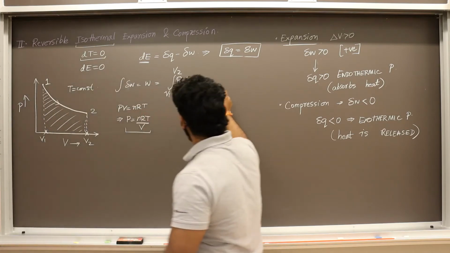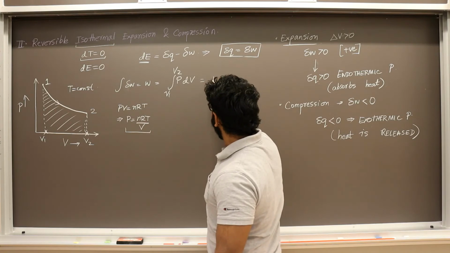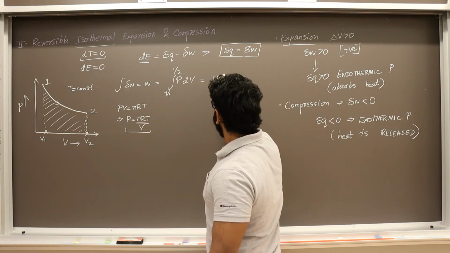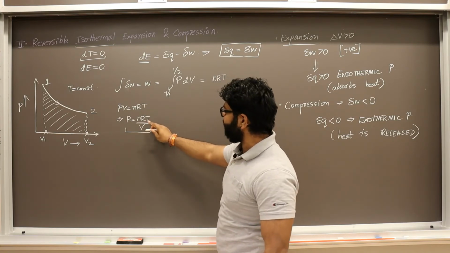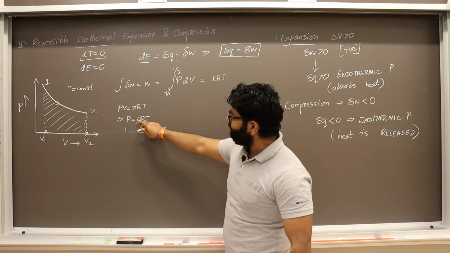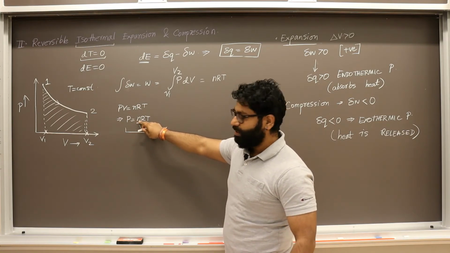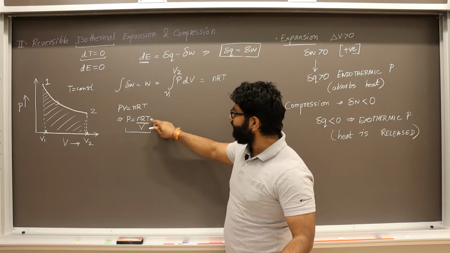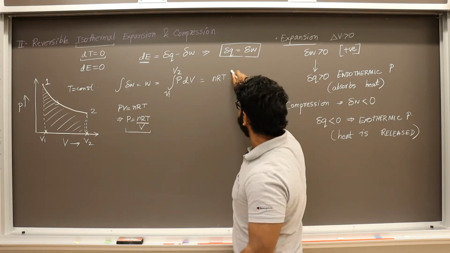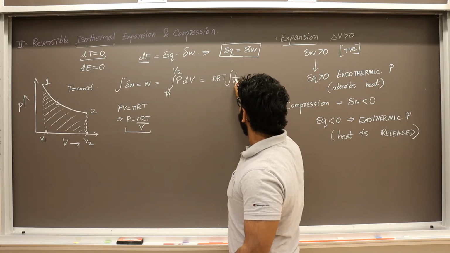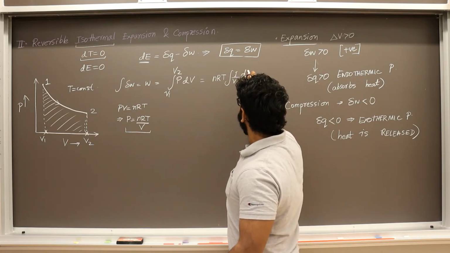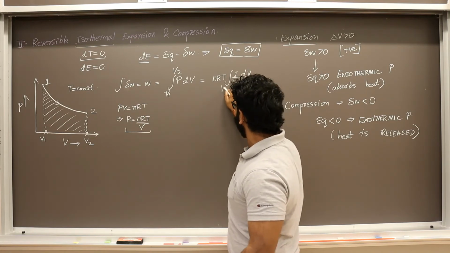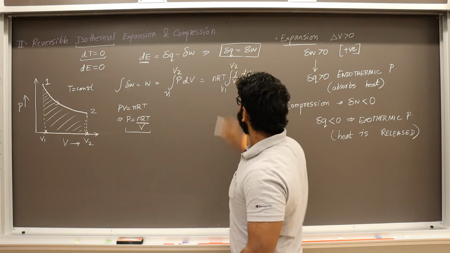This becomes nRT, with T being constant. Temperature was constant, the number of moles of gas remains constant, and R is the universal gas constant. So nRT can come out of the integral sign, and you get the integral of 1 by V dV from V1 to V2.